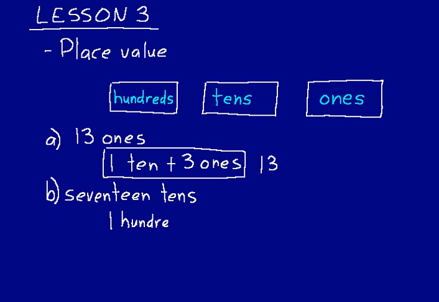Then we would have 7 tens left over because we started with 17. We took 10 of them away, and so we're left with 7 tens. So we can say plus 7 tens. Now when we're writing in expanded form, we need something in each place: something in the hundreds, something in the tens, and something in the ones place. But we've run out of bills. We don't have any $1 bills, so we just write 0 ones.